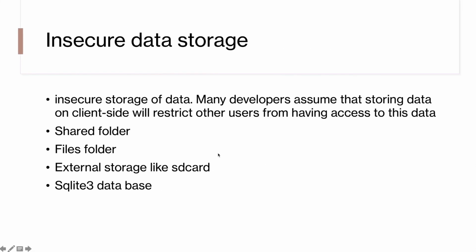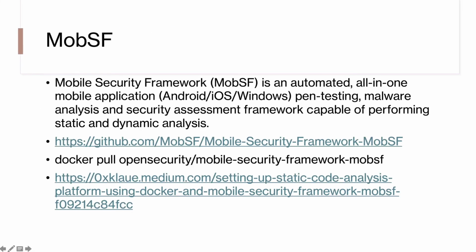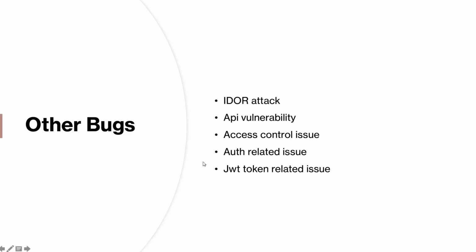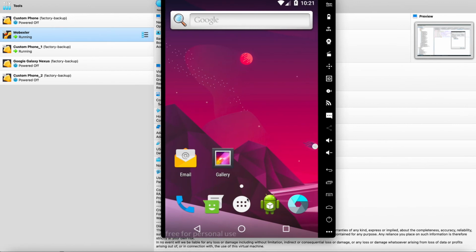This is for this practical. And now more I already explained. Other work we can find: IDOR attack, API vulnerability, access control issue, auth related issue, JWT token issue. So for finding the IDOR, API vulnerability, and access control issues, we have to open the application and intercept the traffic.